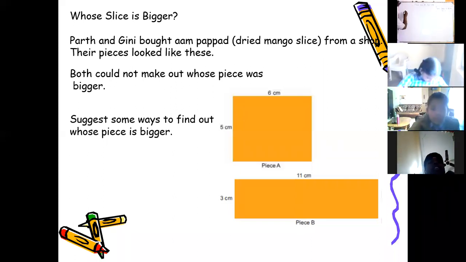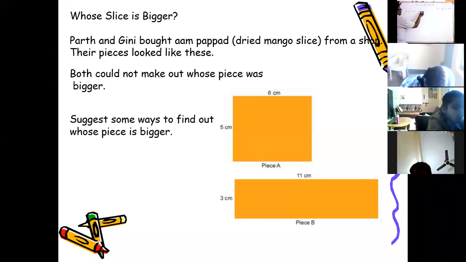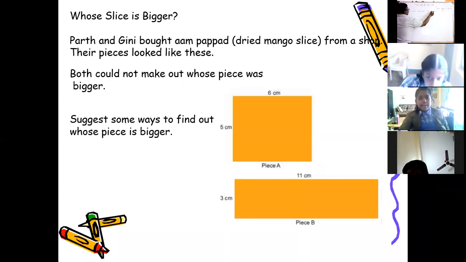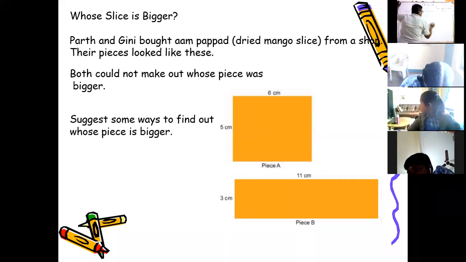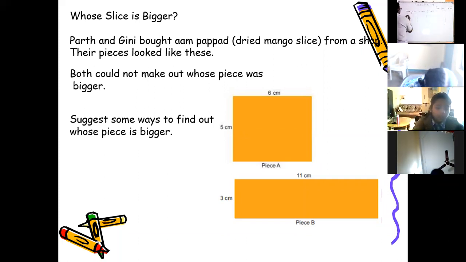Sir, B1. So the second one, piece B. Which has more perimeter, that you have to check. The first one is 22, sir.